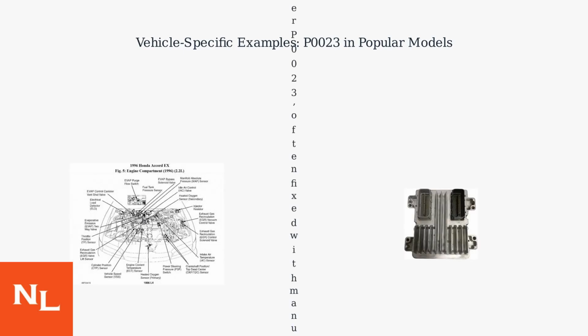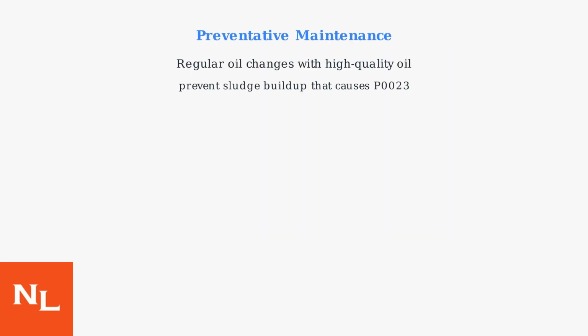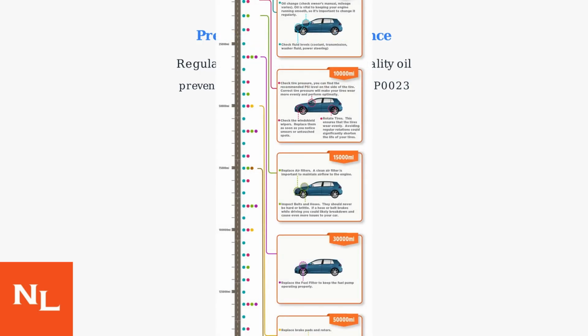Honda Accord models with 2.4-liter i4 engines can show P0023 from ECU software glitches, which are sometimes resolved through manufacturer software updates. These examples highlight that P0023 diagnosis should always be tailored to the specific vehicle make and model for accurate troubleshooting.